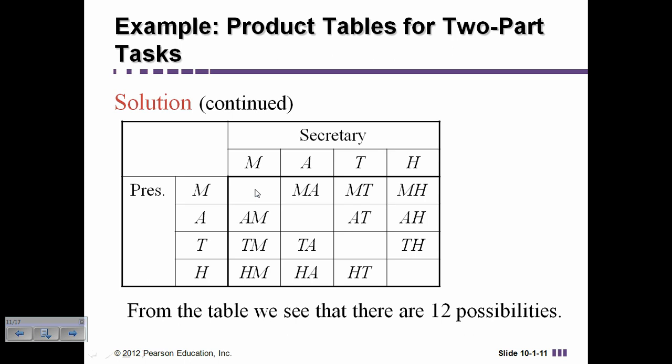In this case, you'll notice that we have all the possibilities. Now there is a difference between MA and AM. MA tells me that M is the president and A is the secretary, but AM says that A is the president, but M is the secretary.